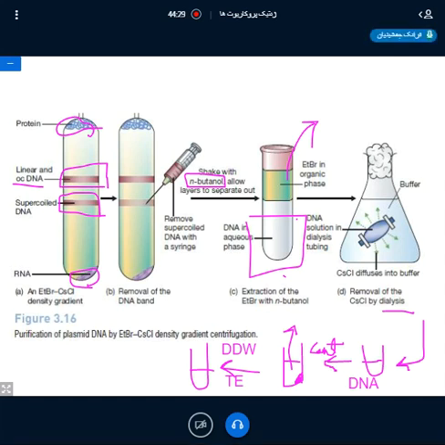Ah, I was talking about how we can determine the DNA that we extract. Listen to me. How can we determine the DNA that we extract?